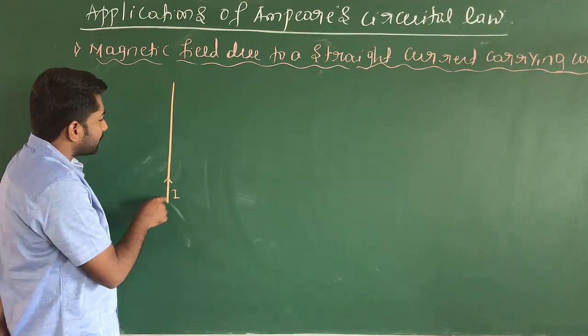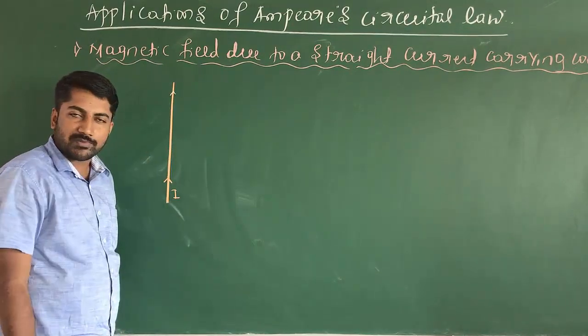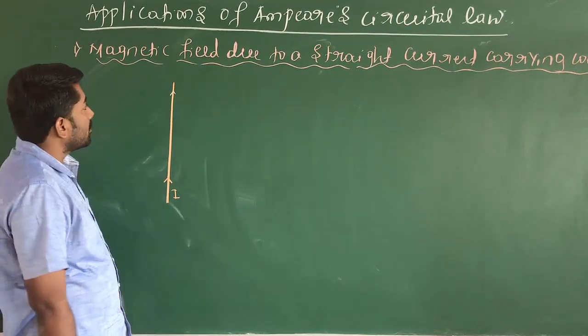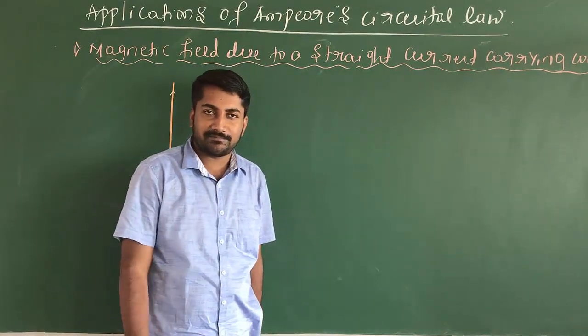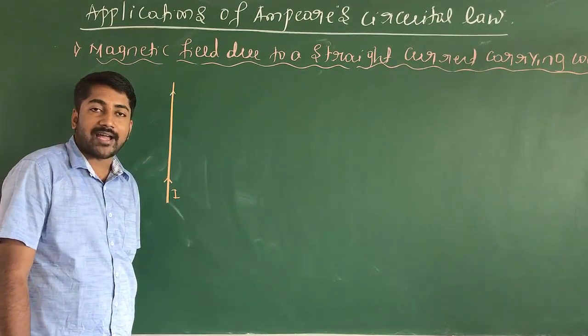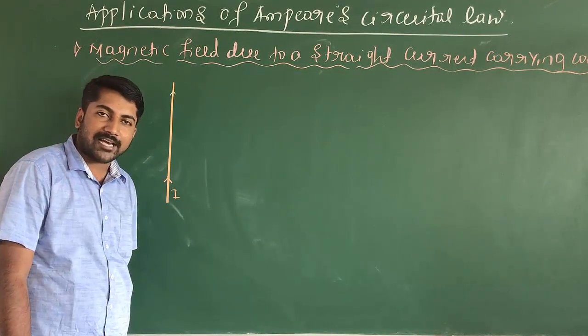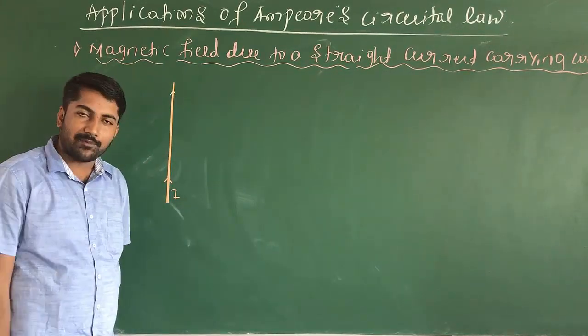Due to this current carrying conductor, how much magnetic field is produced around this wire? Now I am going to calculate that.